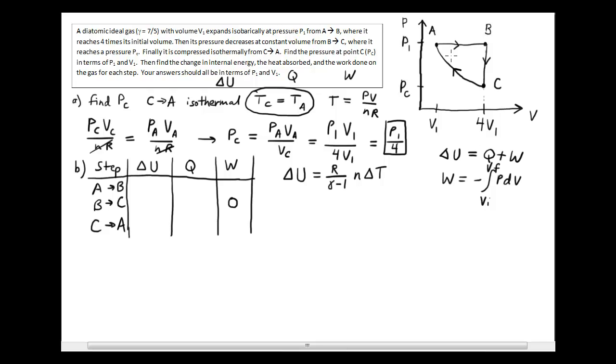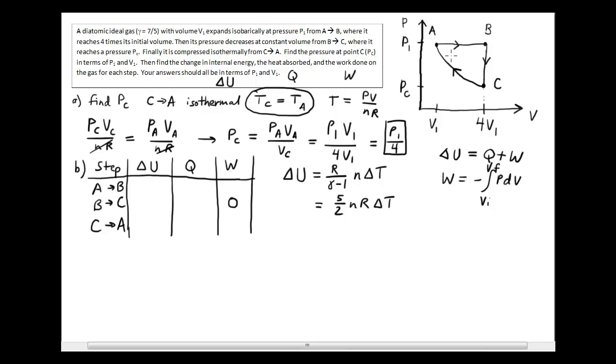The value here then of gamma is the one that will tell us what the coefficient out in front of the gas constant R is. So gamma is 7/5. So for this diatomic gas, 7/5 minus 1 would be 2/5, so we get 5/2 when we bring it up to the numerator. 5/2 nR delta T. That's for diatomic gas.